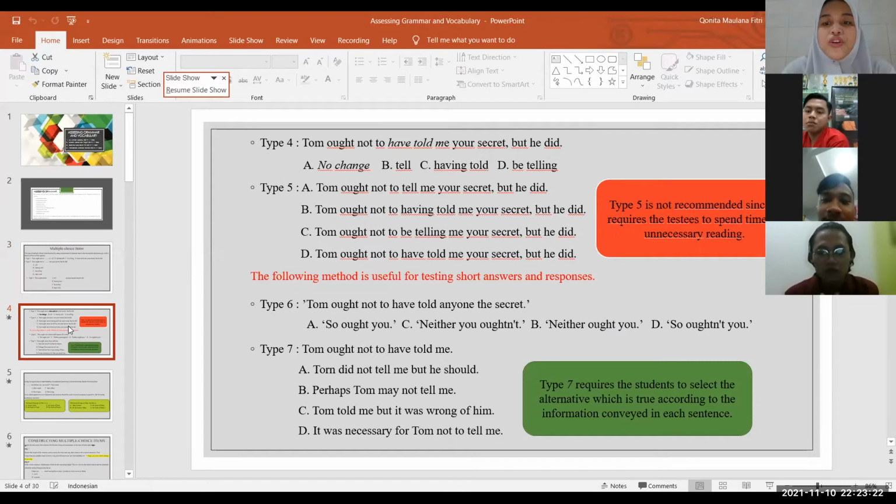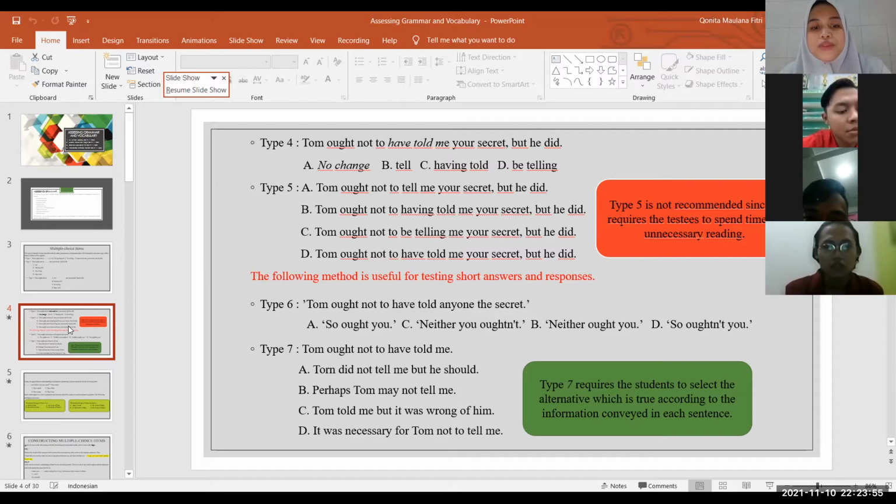And type 5 is not recommended since it requires the testees to spend time on unnecessary reading. Not only is it uneconomical, but it does not present the problem as clearly as the other item type does. The following method is useful for testing short answers and responses.